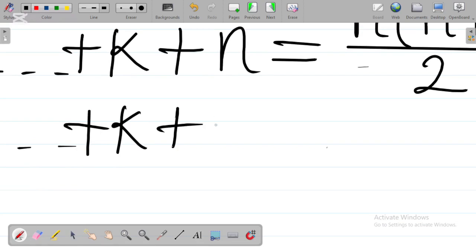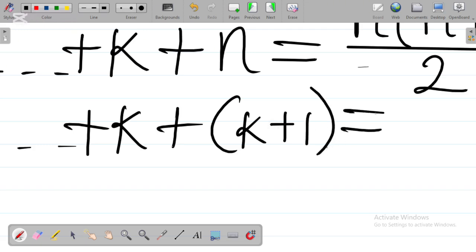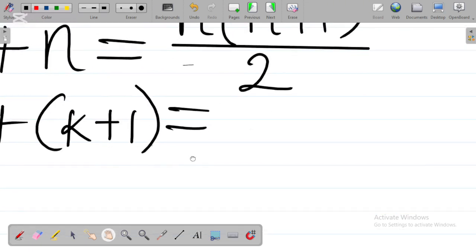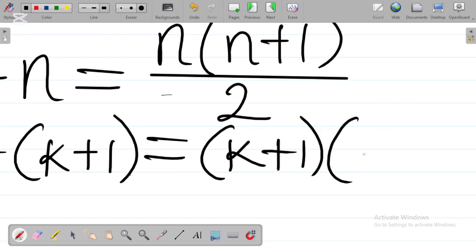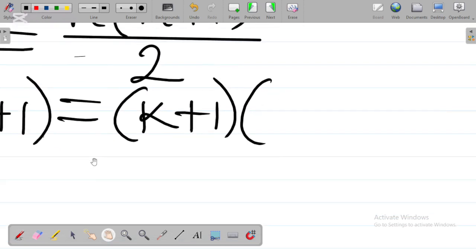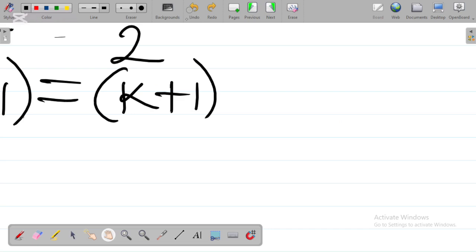Plus n is k plus what? 1 is equal to... n is also k plus 1 multiplied by, let's use this kind of bracket.